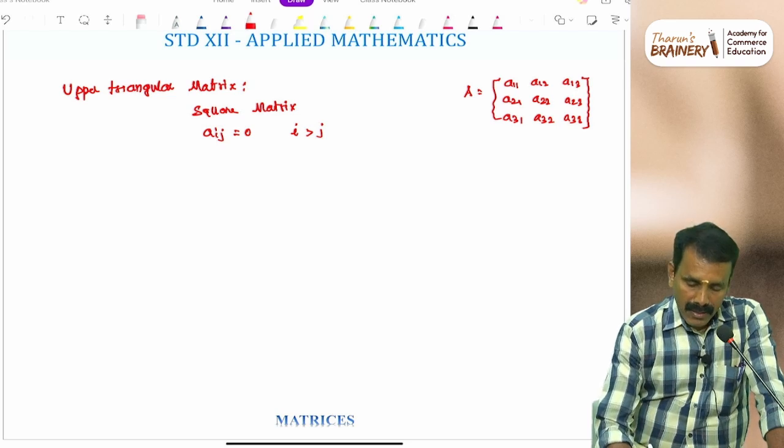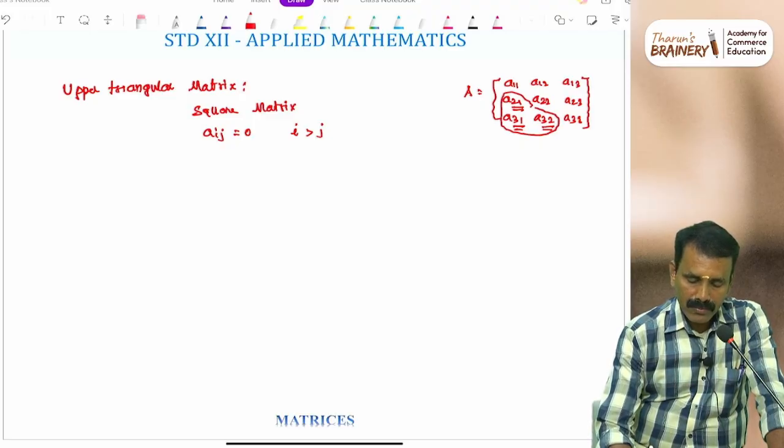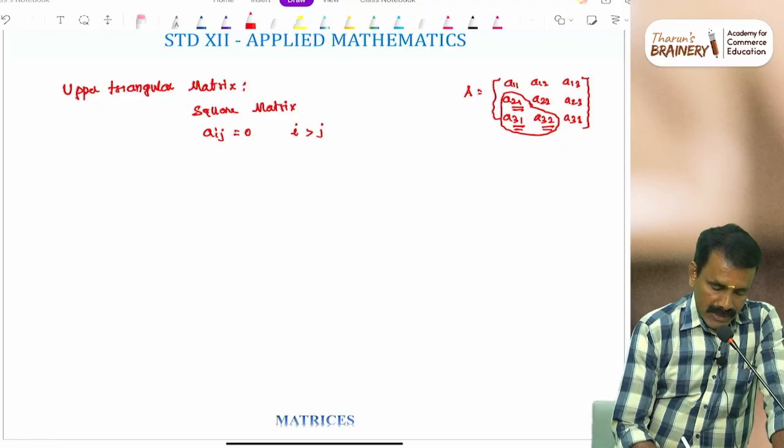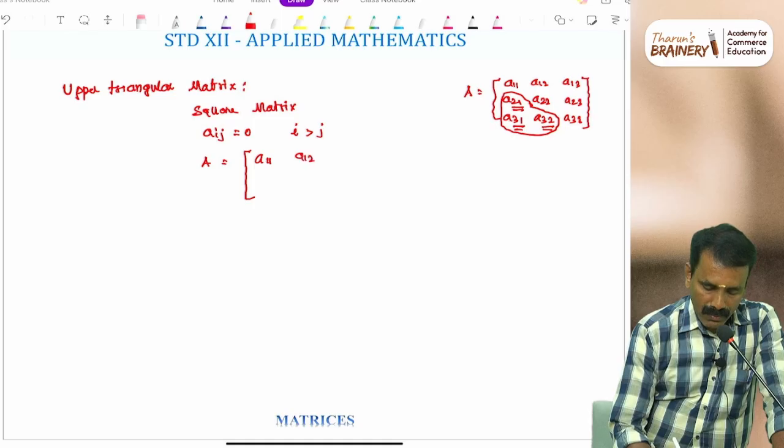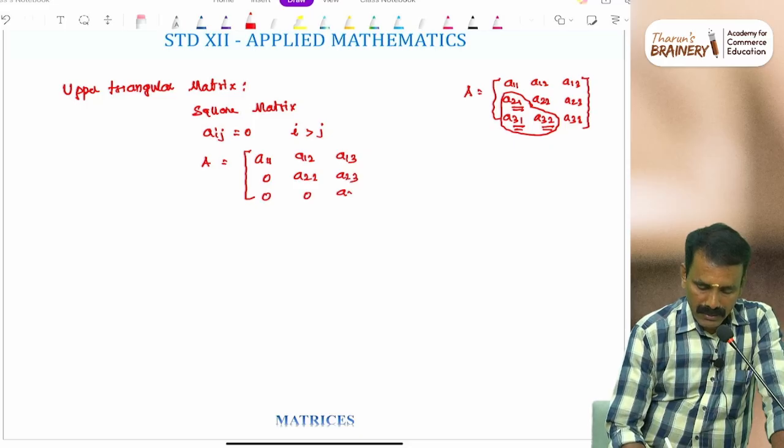Here, 2 is greater than 1, 3 is greater than 1, and 3 is greater than 2, so these 3 elements are going to be 0. So an example for an upper triangular matrix will be A11, A12, A13, 0, A22, A23, 0, 0, A33.